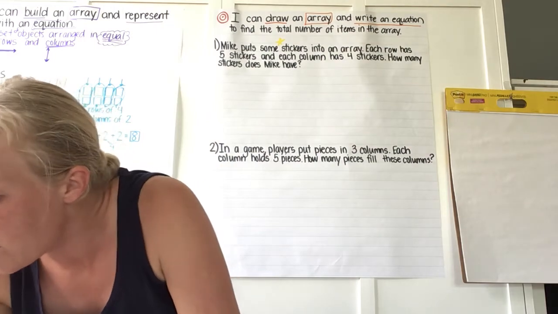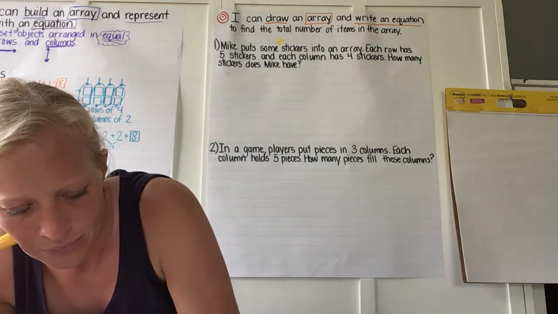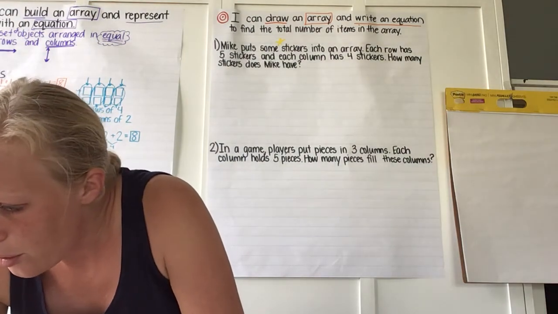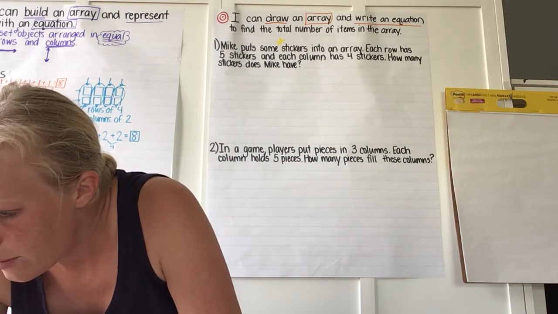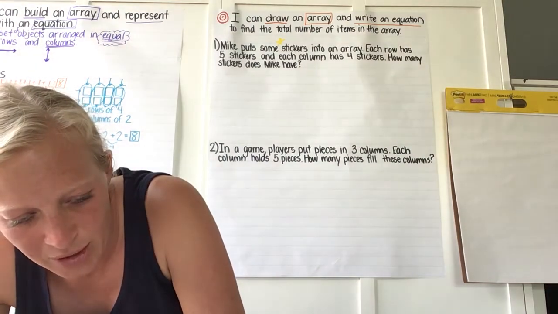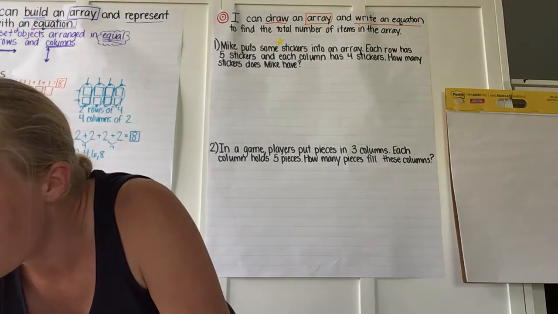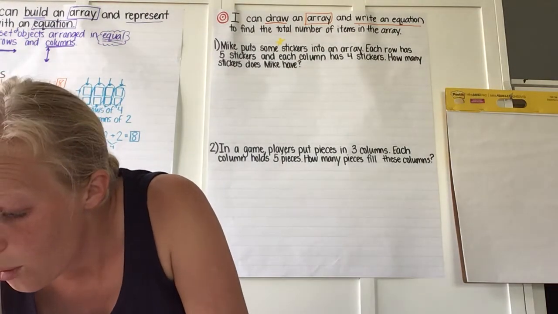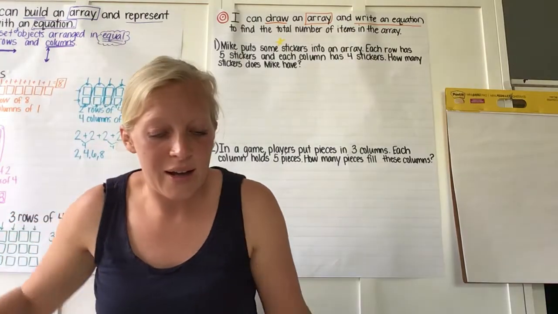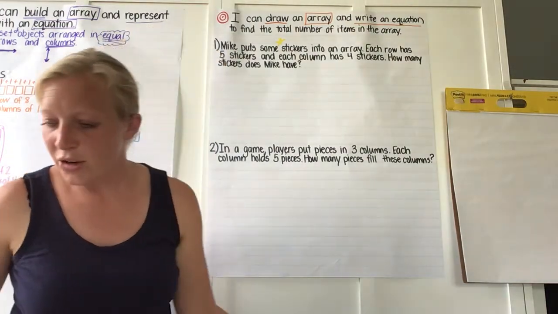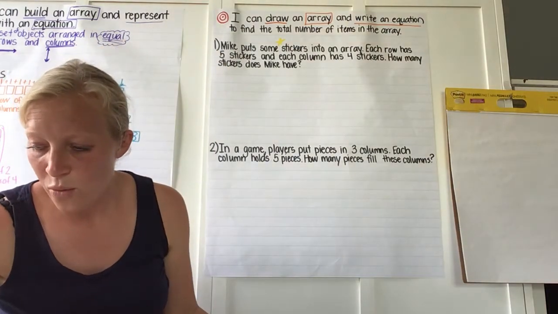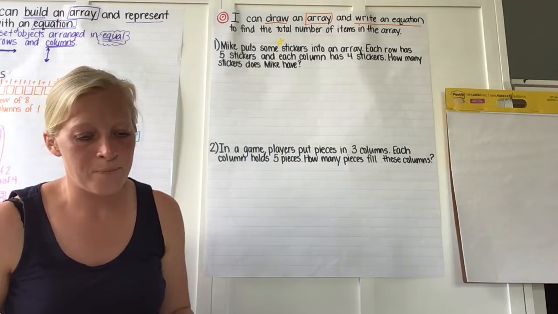Where are your rows in this array? How many rows do you have? How do you know there's that many rows? Oh, because there's 4 in each column, and so there's 4. All right. And your equation looks different than another, friends. Will you share that equation with us?